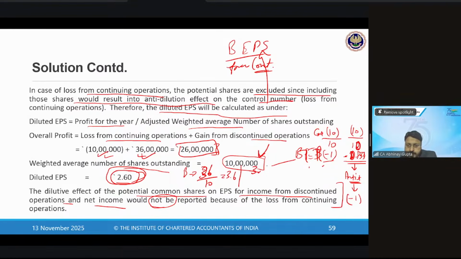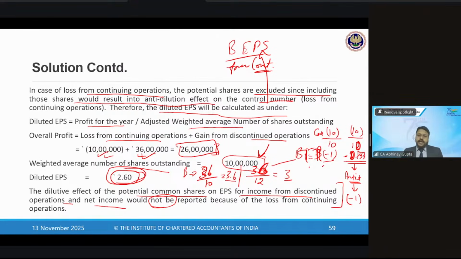And if I calculate 36 lakhs divided by 12, how much is it? 3. So my basic earning per share from discontinued operations is a positive 3.6 and my diluted earning per share from discontinued operations is a positive 3.